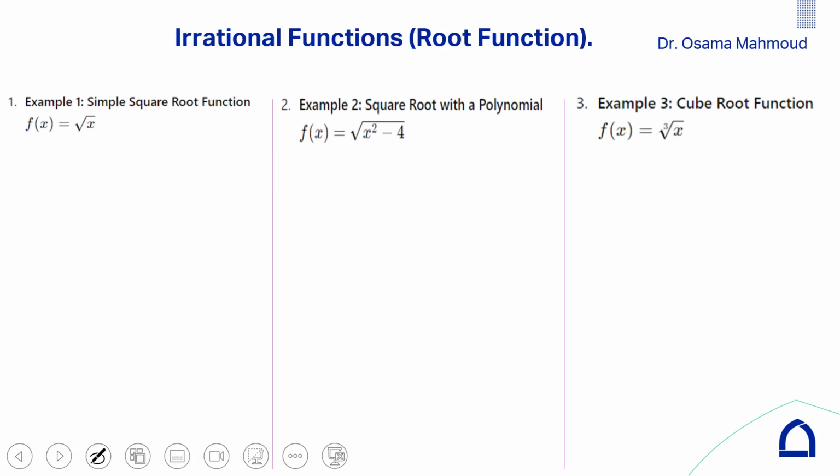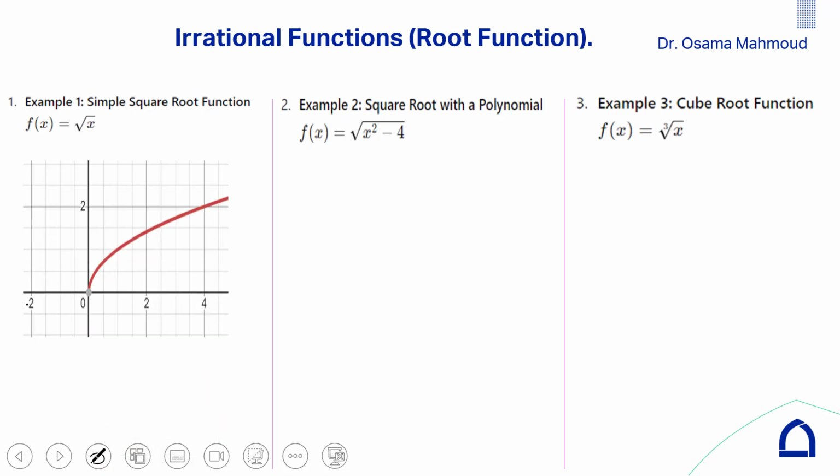Now let's go for the irrational function, like square root of x squared minus 4 cubic root of x. If you graph this one, you will find your domain starts from 0 to infinity, and your range also is from 0 to infinity.